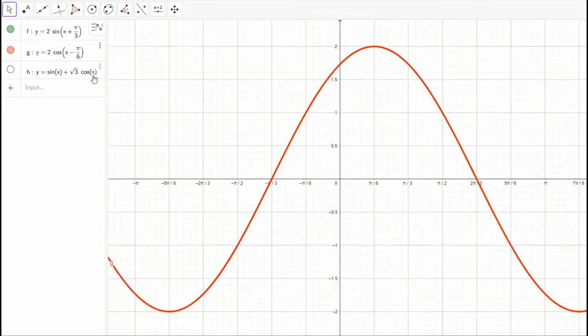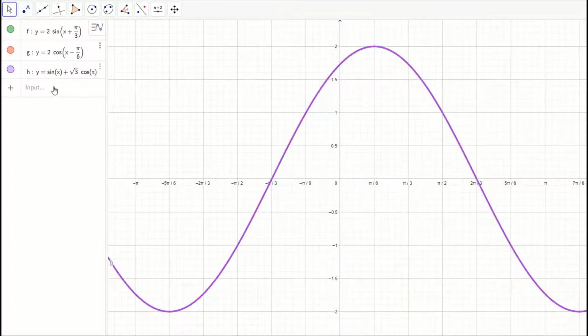Now, I've also got this one here, this function h. Now, you'll notice this is sine x plus √3 cosine x, and this is of the form a sine x plus b cos x, which is that harmonic form I mentioned at the start of the lesson. Now, if I overlay that, you can see again, h coincides with both f and g.